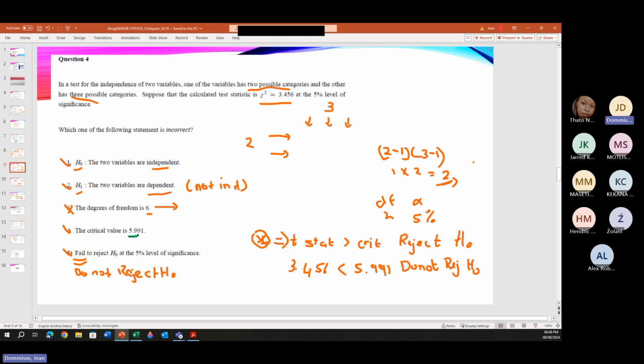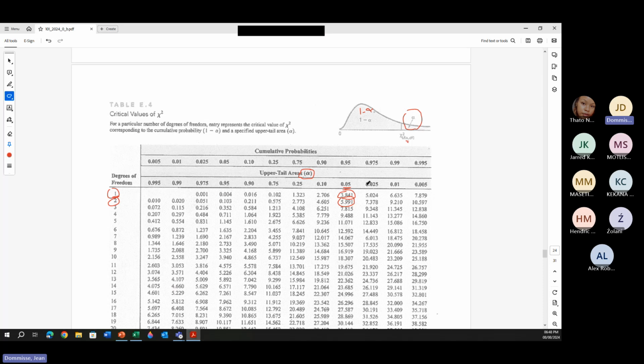It might be that the critical value is wrong, but to work it out, we go to the chi-square table. They will tell you what that alpha is. So everything we did tonight was actually a 5%, but they will tell you if it is 5% or if it is 1%. If it is 1%, there is the 1%. If it is 10%, there is the 10%.